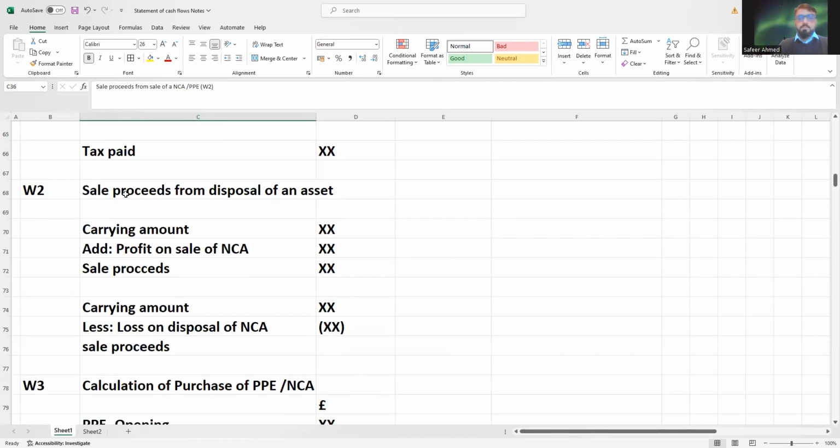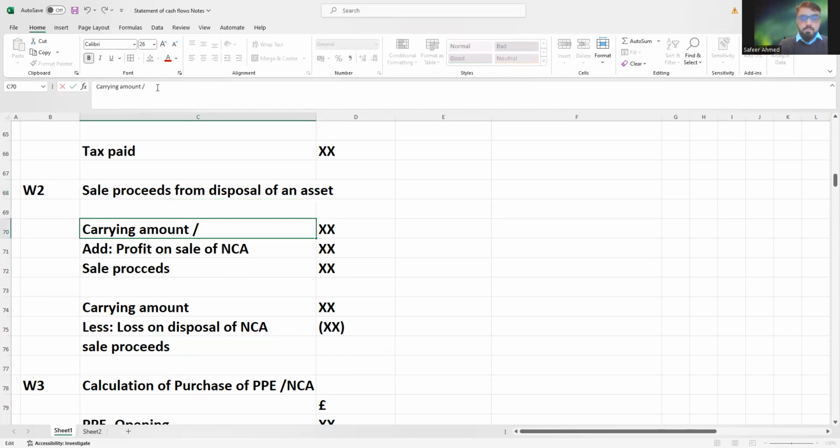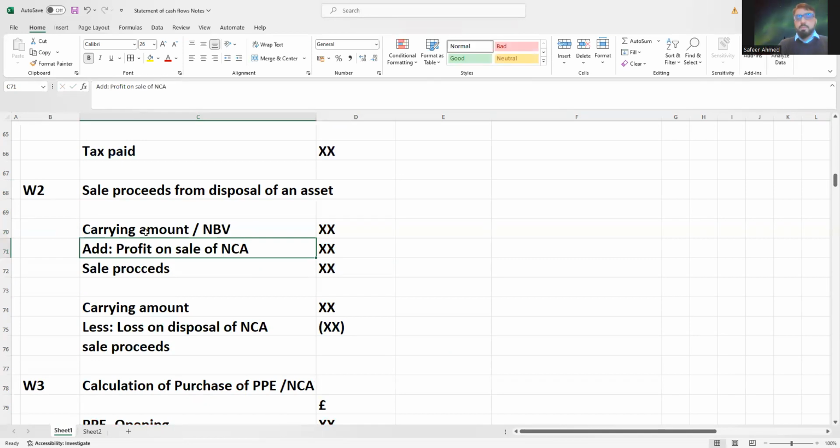So this is your working 2, where you are determining the sale proceeds. Now, what they tend to do in a question is give you the carrying amount. Carrying amount is, remember, also known as net book value, depending on which qualification you are studying. And how it is calculated is cost minus accumulated depreciation.